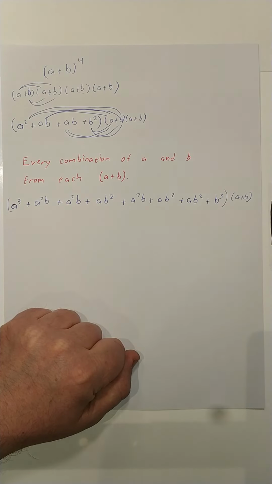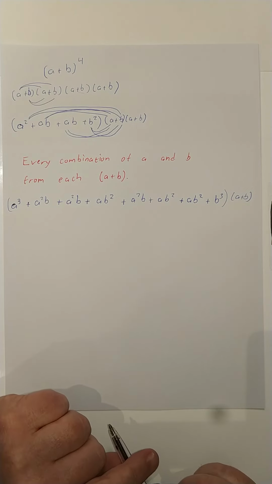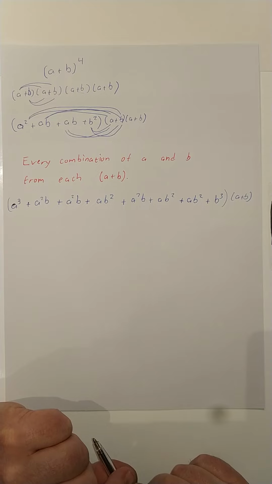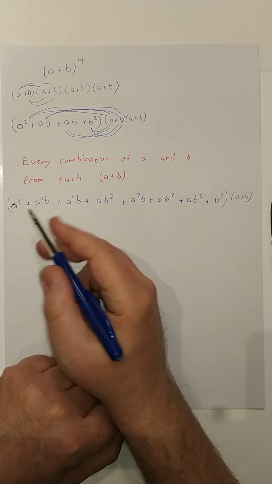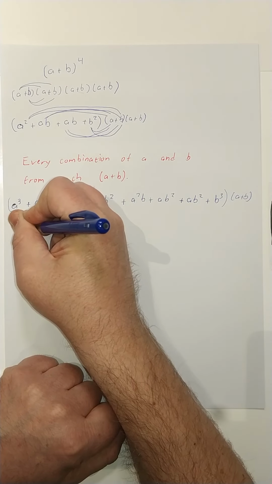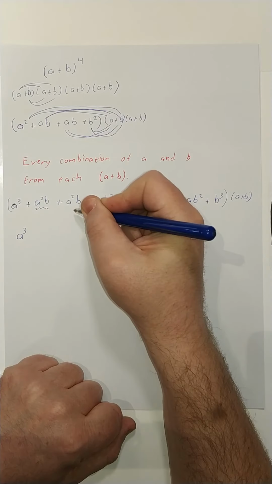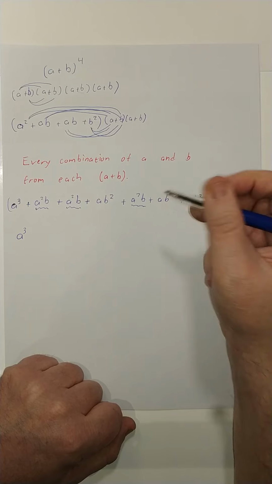The last bracket we haven't touched yet, we haven't expanded that. And now it's even more obvious that we should really merge the terms here. So we have just one a cubed term. But we have this a squared b, and this a squared b, and this one, so there are three of them.